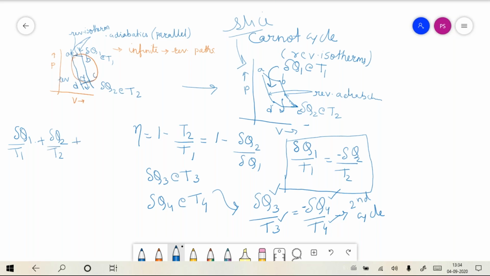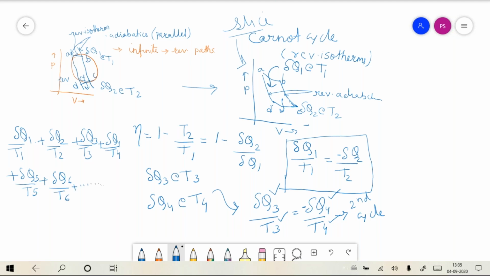For the second slice, it is del Q3 by T3 plus del Q4 by T4. Plus, let us say for the third slice, it is del Q5 by T5 plus del Q6 by T6.